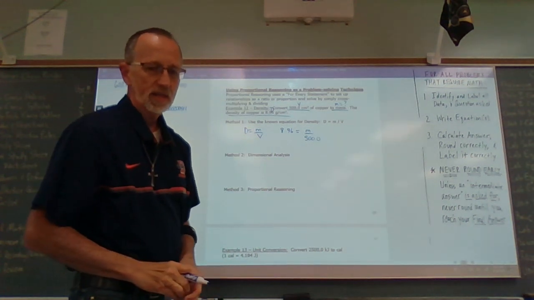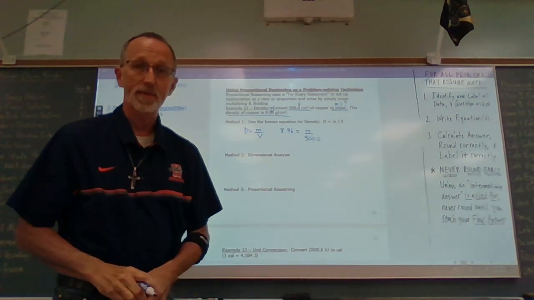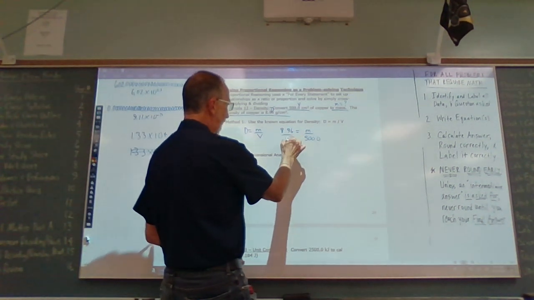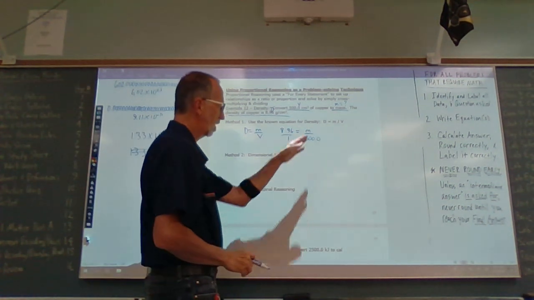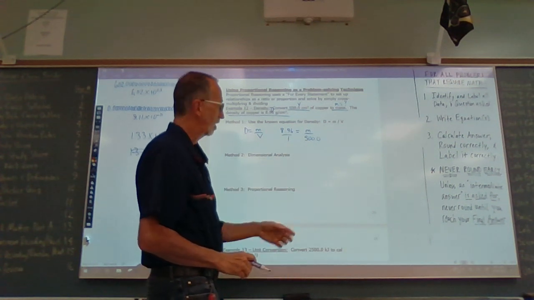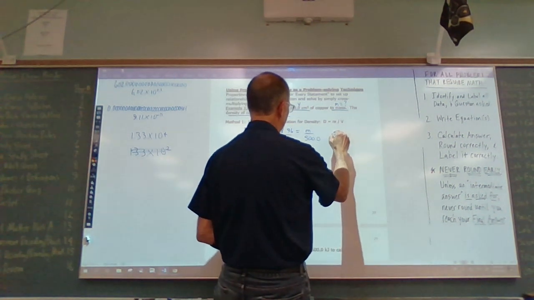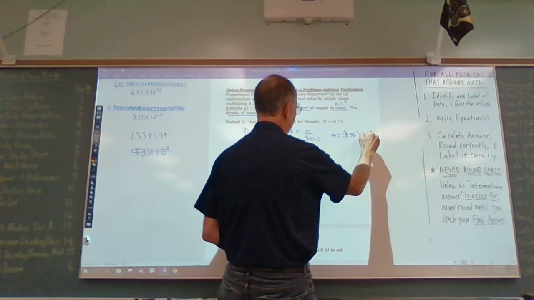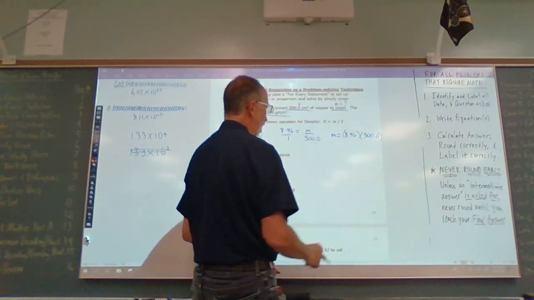All right. So we're going to solve for m. Basically, if I just put that over 1, we can then cross multiply like so. So we have m equals 8.96 times 500.0.